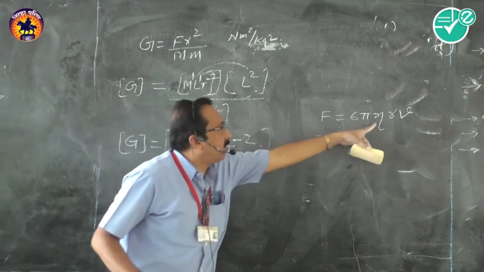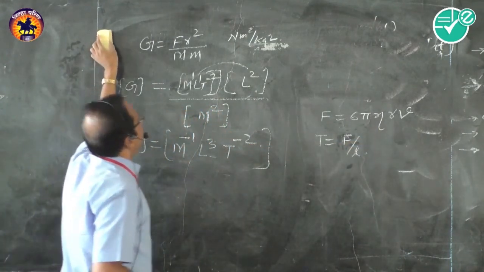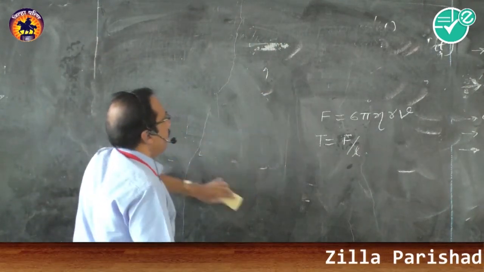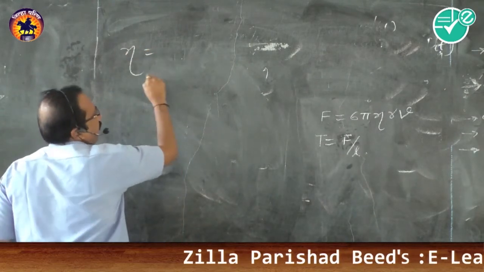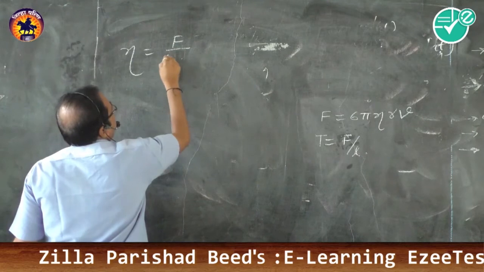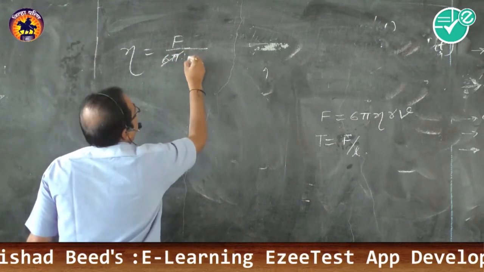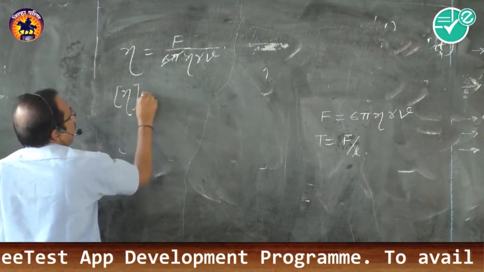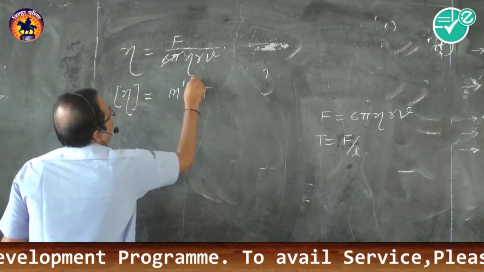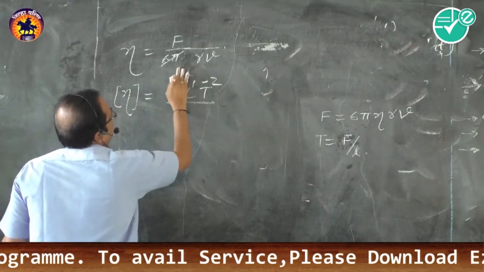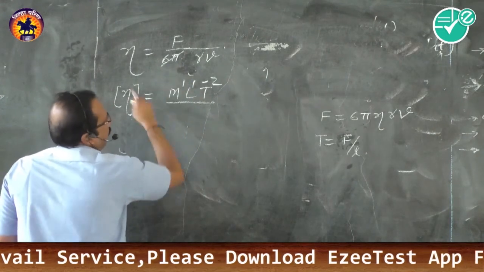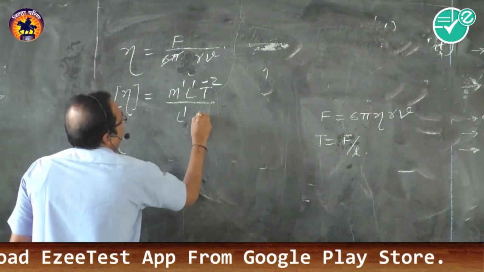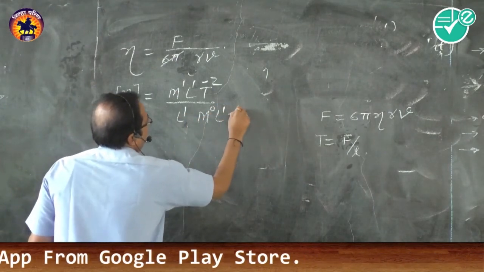Let us find the dimensions of the coefficient of viscosity. The formula is given to you. From that formula, eta, the coefficient of viscosity, is equal to F upon 6 pi r v, where 6 pi is dimensionless. So let us find the dimensions of the coefficient of viscosity. Eta is equal to M1 L1 T minus 2 divided by r, that is L1, and velocity, M0 L1 T minus 1.